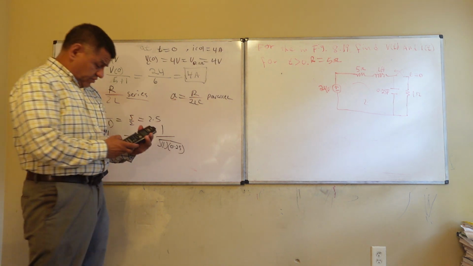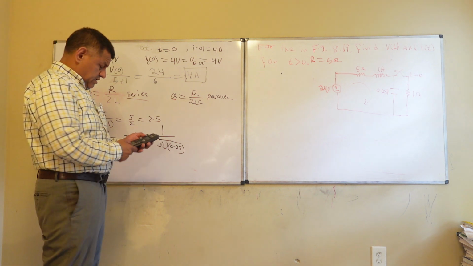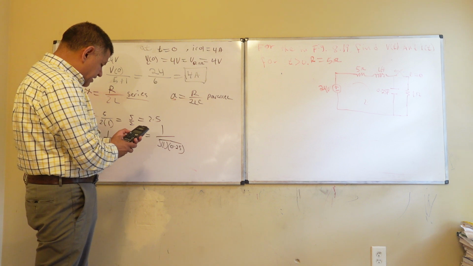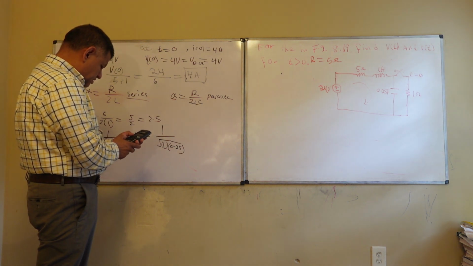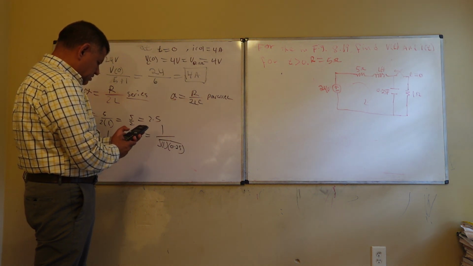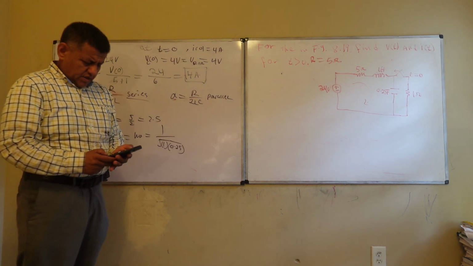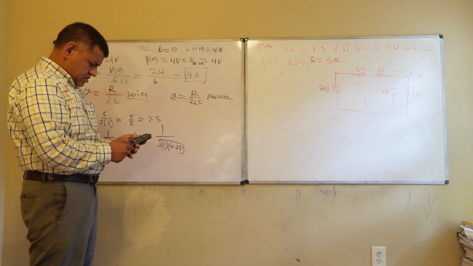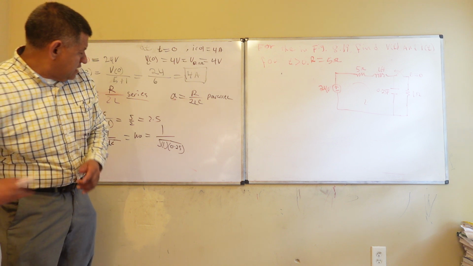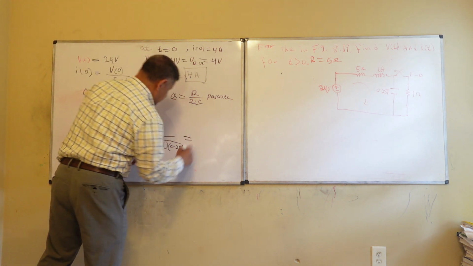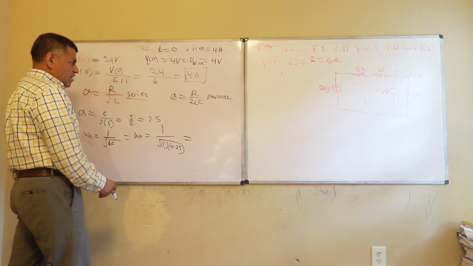When we do that, it's always good practice to use a calculator when dealing with this stuff, because even though you can do some of it in your head, you might say, I know the square root of 25 is 5, but what if it was 26?